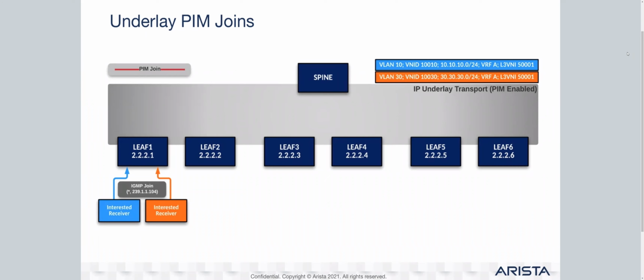Give us this feed. So leaf 1 gets this, and it says, all right, I know I have local receivers in VRF-A that want to get a multicast feed from VRF-A. Now I have to ask myself, what underlay groups do I join to make sure I get multicast traffic for the VRF-A overlay?